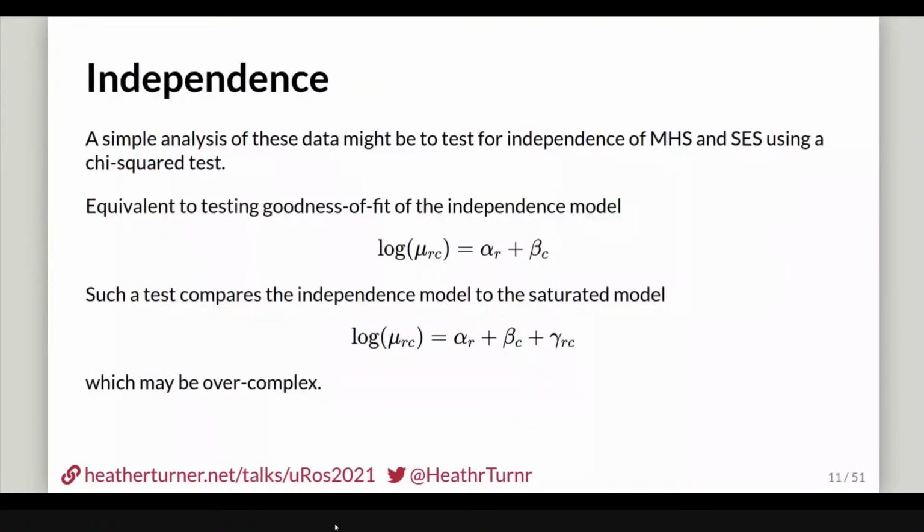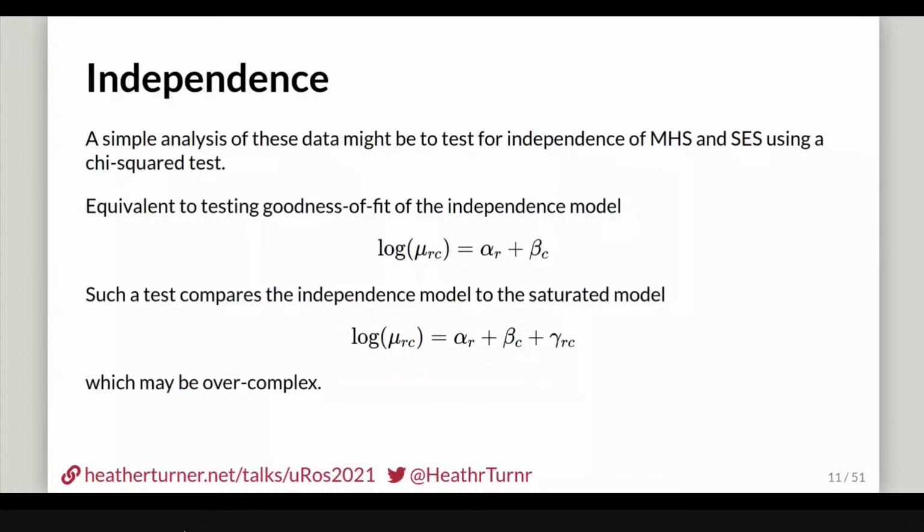So if we're faced with a two-way contingency table, a very basic analysis that we might do is to test for independence between the mental health status and the socioeconomic status using a chi-squared test. This is equivalent to doing a goodness of fit test of the independence model, where the log expected count is equal to a row effect plus a column effect.